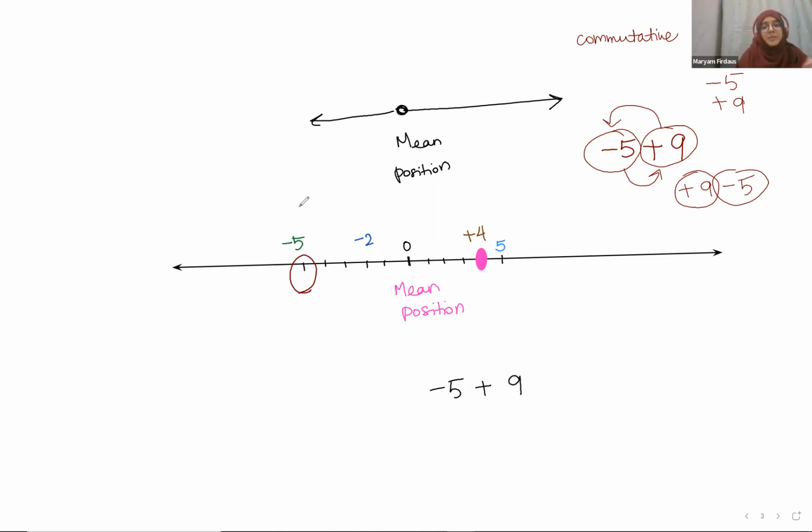Without using the number line, if you calculate this, can you tell me where you will reach? +4. How did you arrive at that answer?